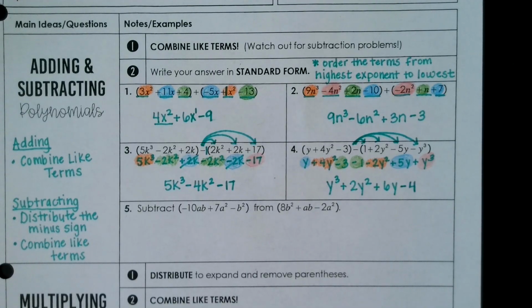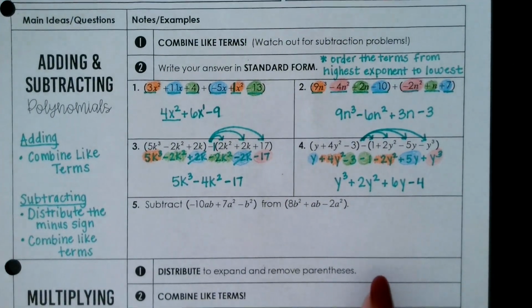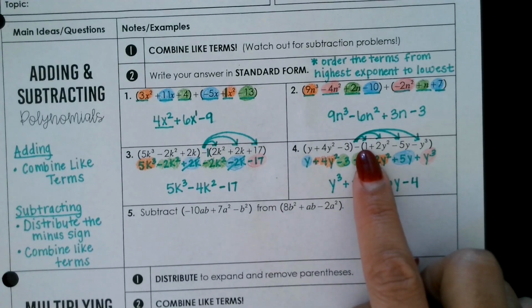I got y to the third in the front, a positive 2y squared, a positive 6y, and then negative 4 at the end. And you can see where I distributed. It made this 1 be a negative 1.